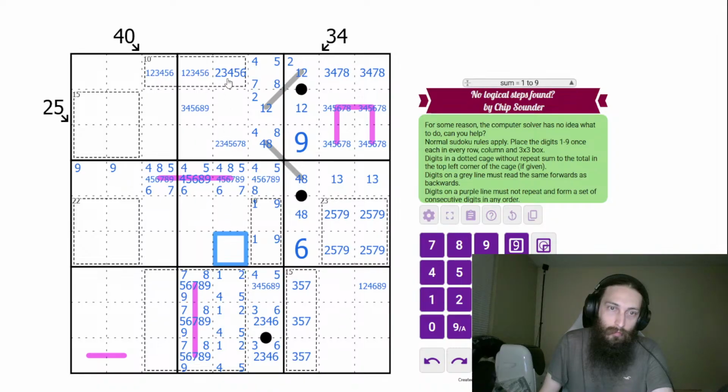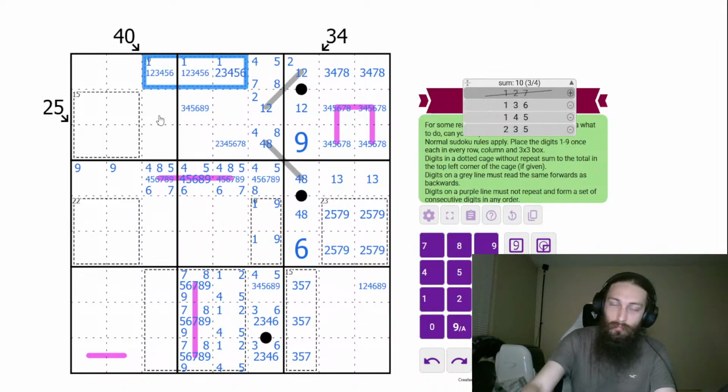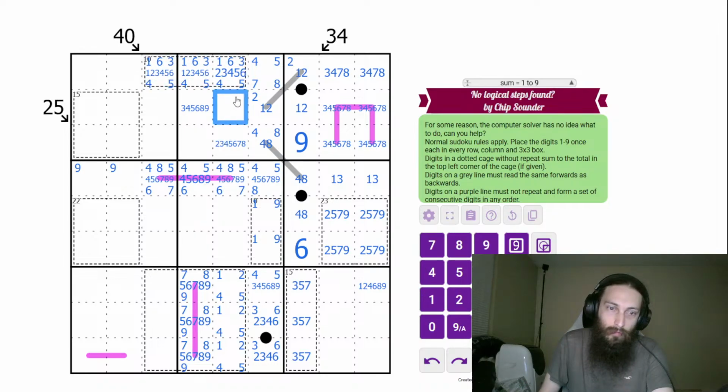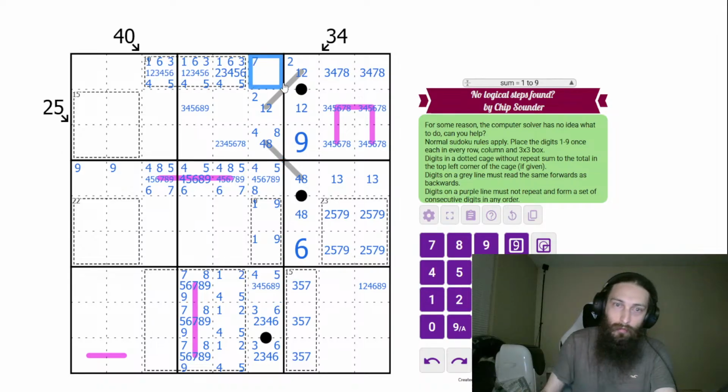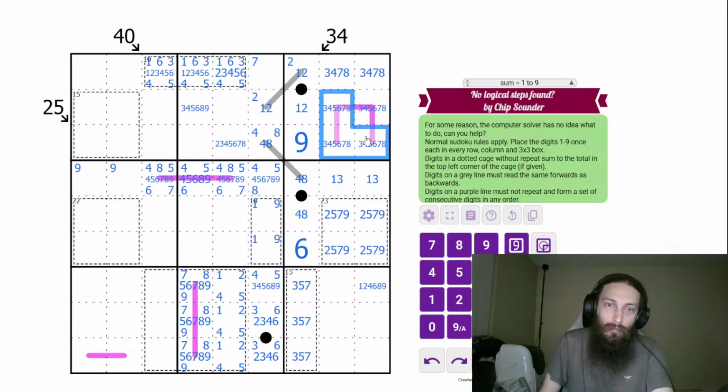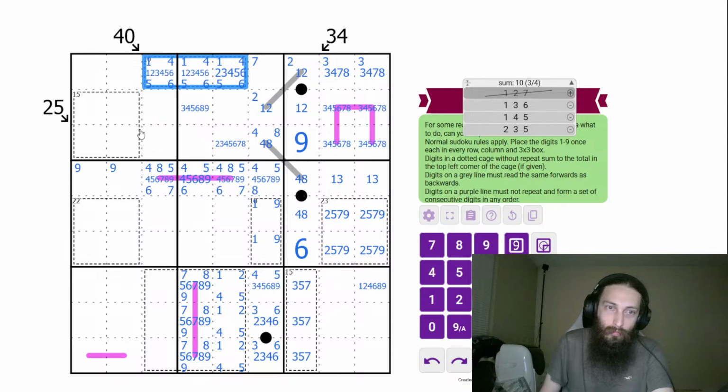And column 6 now has a 4, 5, 8 triple. 4, 5, and 8. So 7 ends up having to be in here, so 3 has to be up here. Right.